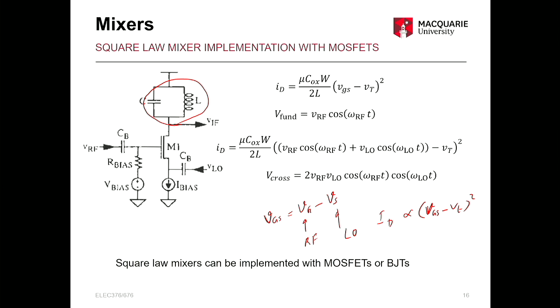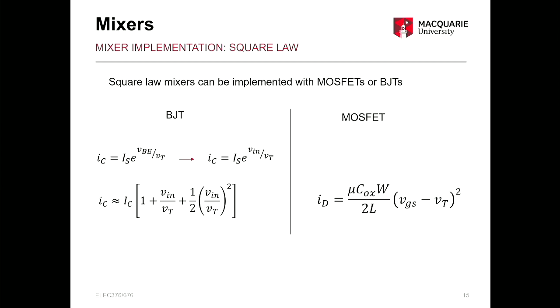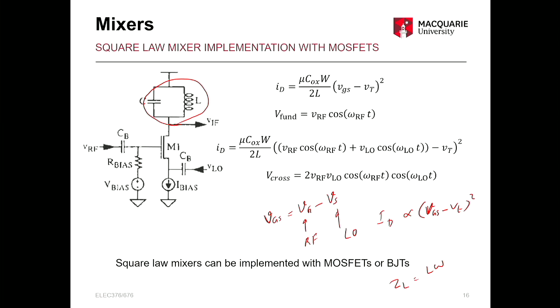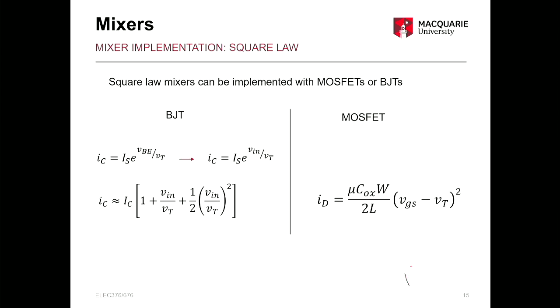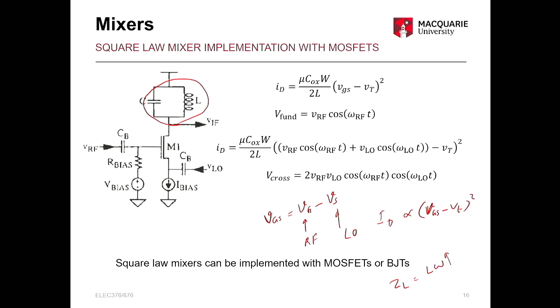L is low impedance in DC and high impedance in AC, or high frequencies. The impedance of L is L omega. So as omega goes up, the impedance of the inductor goes up, and the impedance of a capacitor is 1 divided by C omega.